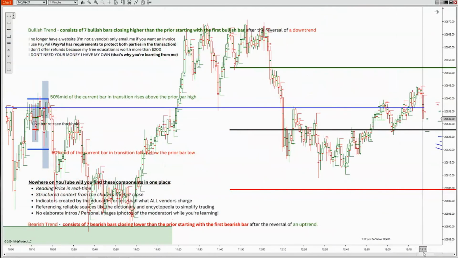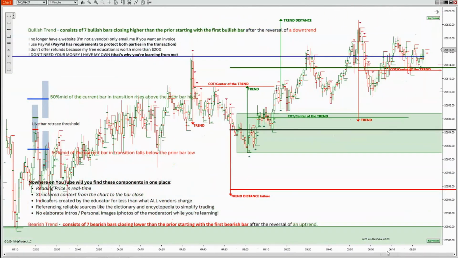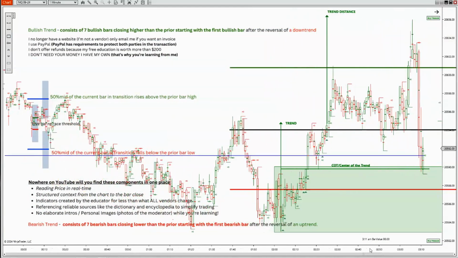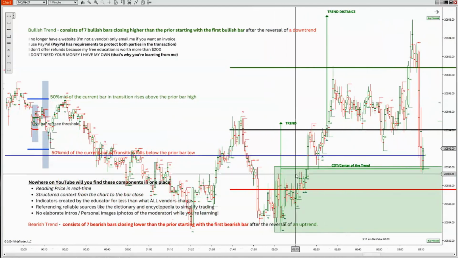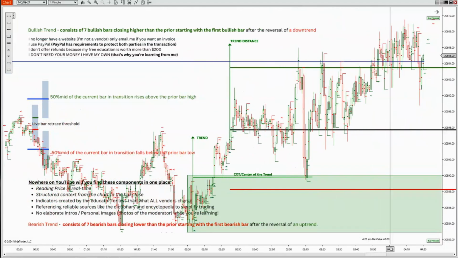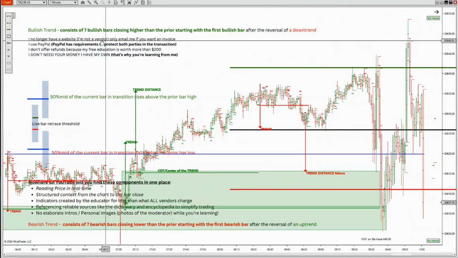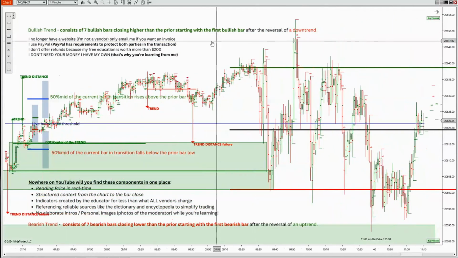Let me go back here and show you where the trend had actually started. So the trend has started back here. Okay, it started back here, and them guys did not want to pass that trend. Let me compress that and bring it back forward. 9:30, 9:30.